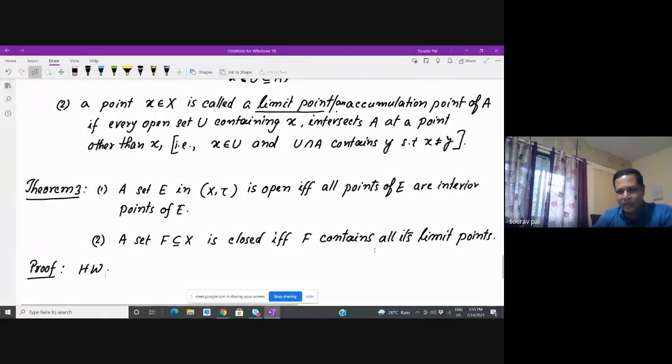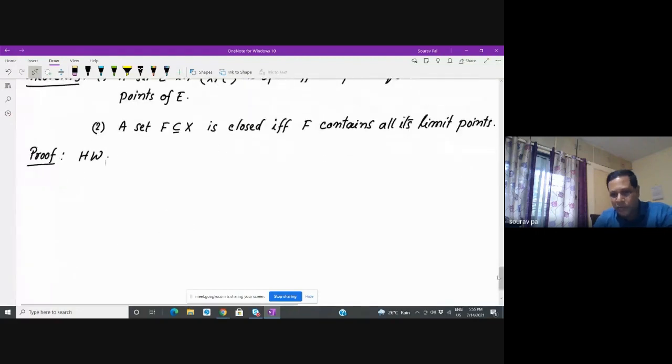Yeah. So now I am going to give you some examples, and I'm going to ask you what are open sets and what are closed sets, and what is an interior point. If you just have your prior knowledge of real analysis, you choose X to be the real line and tau to be the Euclidean topology.